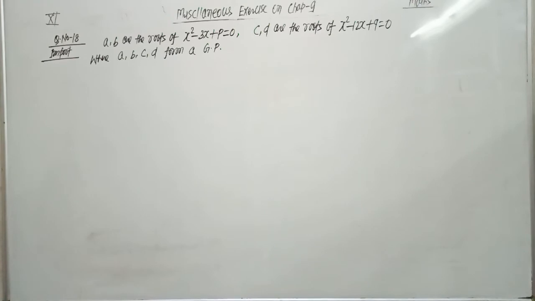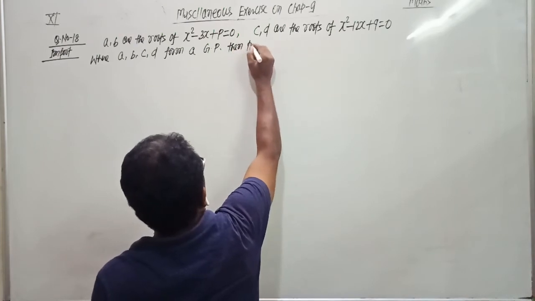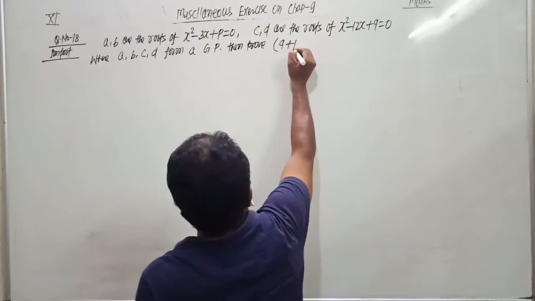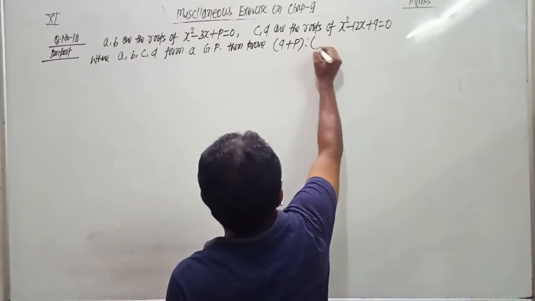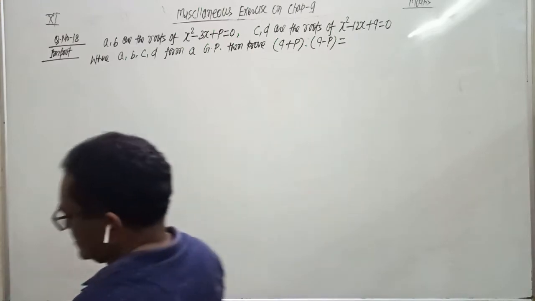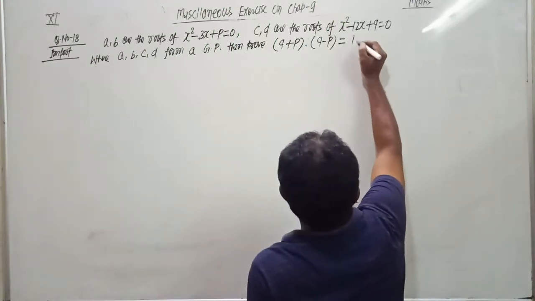Then prove that Q plus P ratio Q minus P equals to 17 ratio 15.